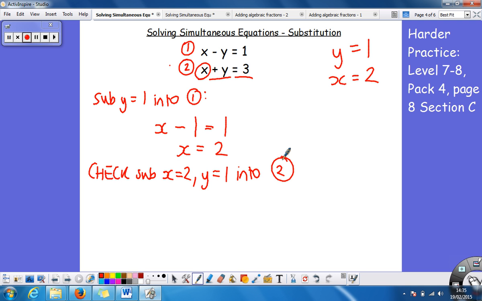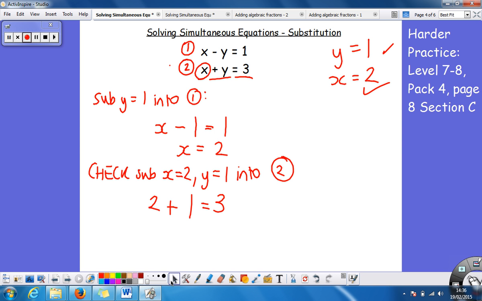So equation 2, x is 2, so 2 plus y, which is 1, equals 3. So that must be correct. X equals 2, y equals 1. And that's the same check. That's a slightly harder version because you had to change the subject first, but the same skills apply throughout. So it shouldn't really be any more challenging than the rest of them.